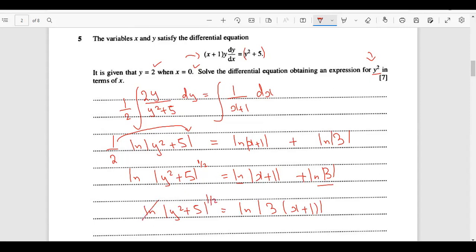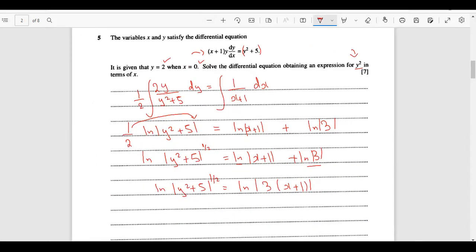Now never ever do it this way. You have to cancel the ln. Yes, we are canceling it, but do not write it down this way. I'll tell you why. Because whenever we have such questions, 2 to the power x equals 2 to the power 2 plus a, we don't do it this way, we just equate powers. So the same concept is used there. If you cut the natural log, it would not look good.